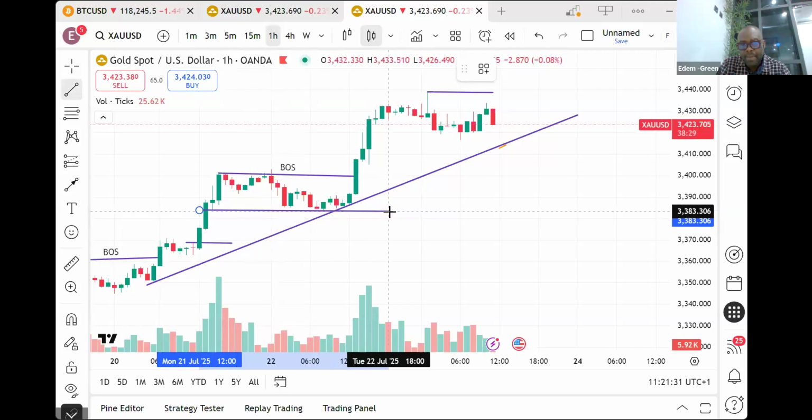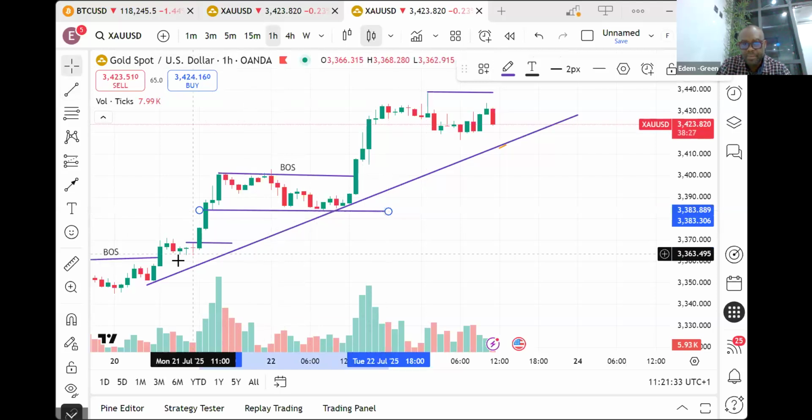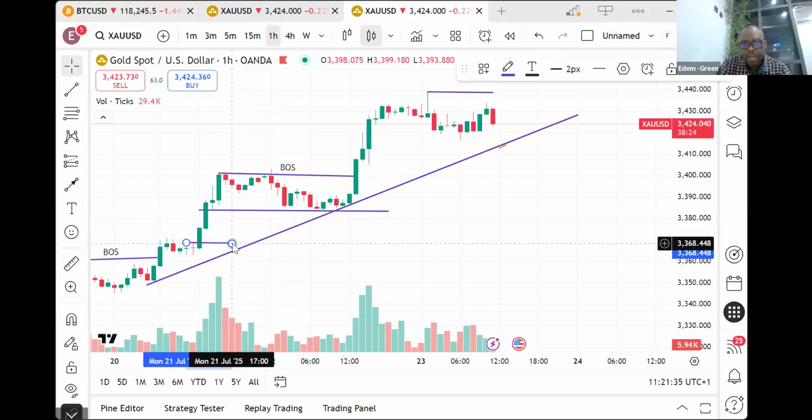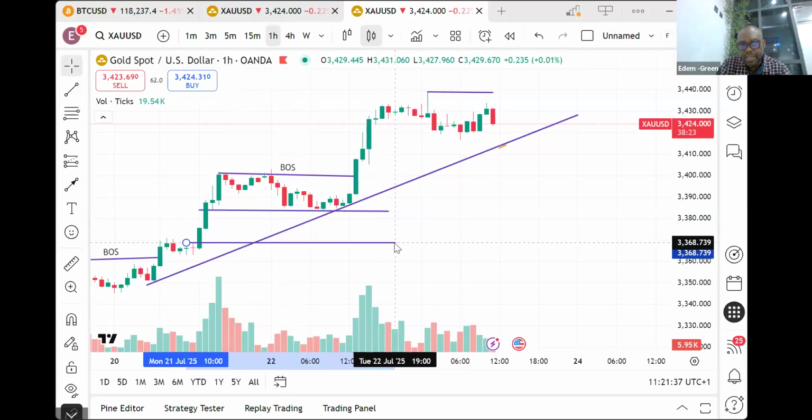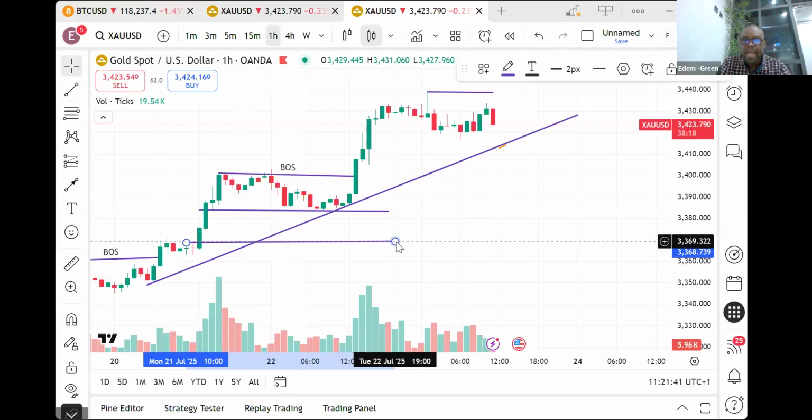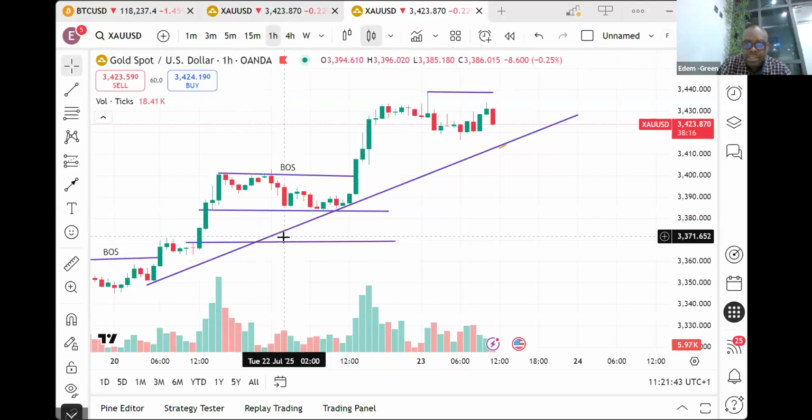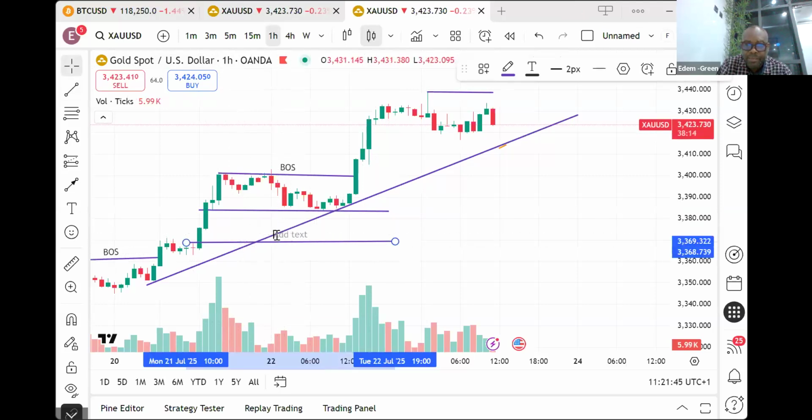I mark the bottom of that candle. This is the height of the first candle. And I'm saying that in this place, because there is no overlap between the third and the first candle, this gap here could be referred to as a fair value gap.